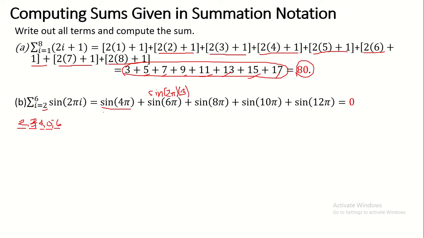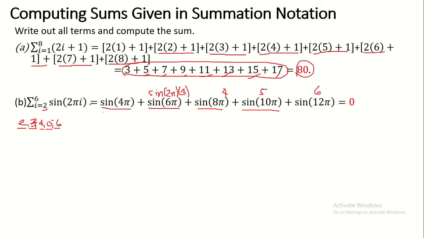That's why we have sine 6 pi. And then if I is equal to 4, we have sine 2 pi times 4, we have sine 8 pi. And then if we have 5, we have sine 2 pi times 5. That's why we have sine 10 pi.